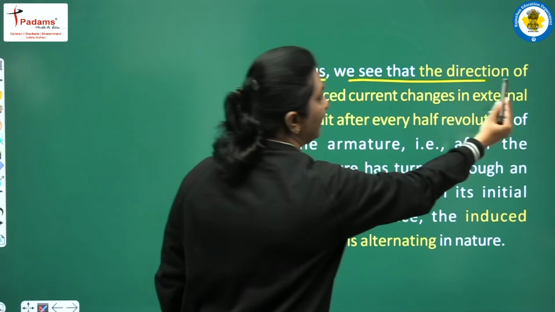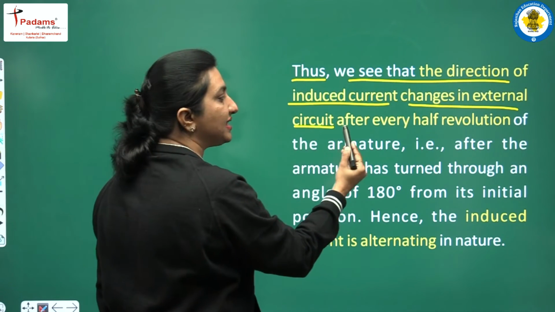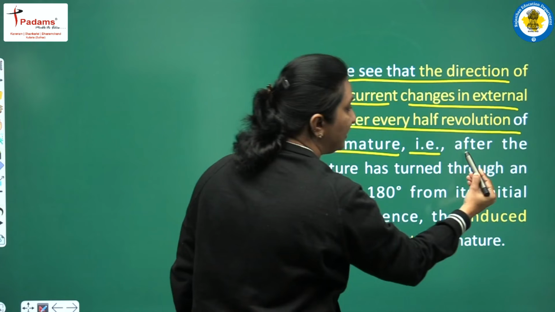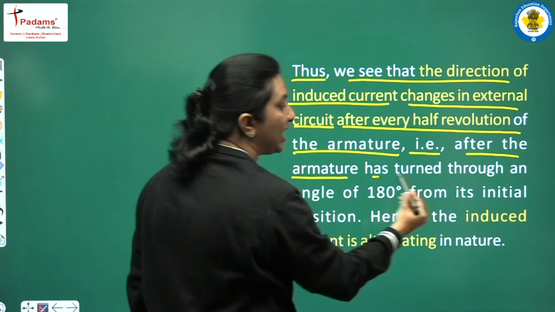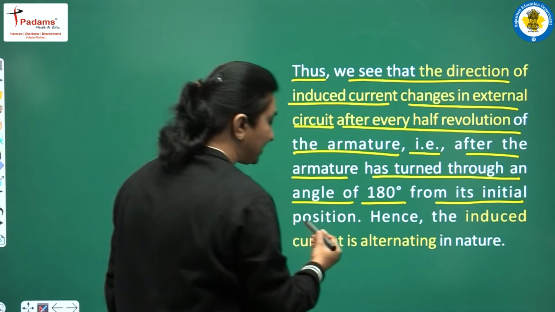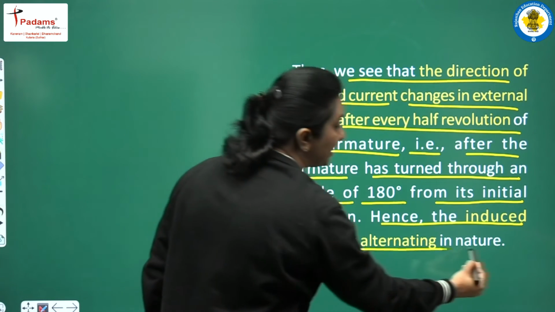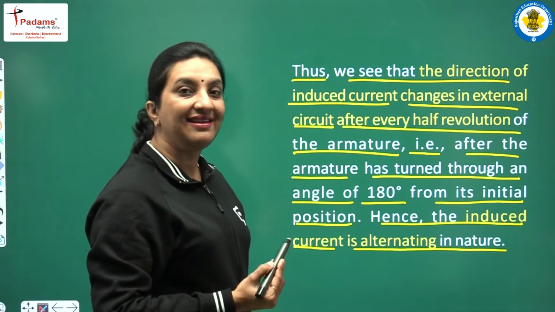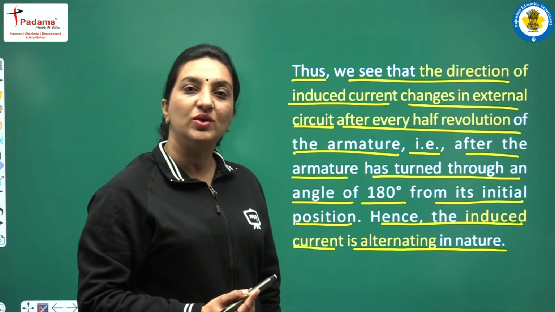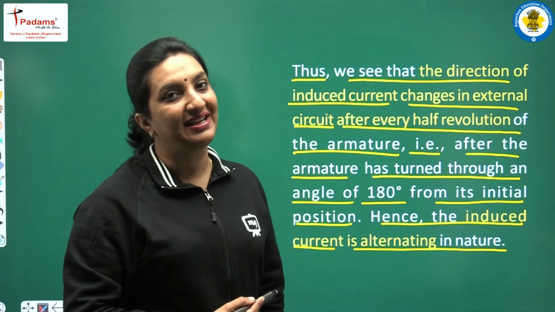Thus, we see that the direction of induced current changes in the external circuit after every half revolution of the armature, that is, after the armature has turned through an angle of 180 degrees from its initial position. Hence, the induced current is alternating in nature. So, like this students, the mechanical energy is converted into electrical energy, which is of alternating nature.